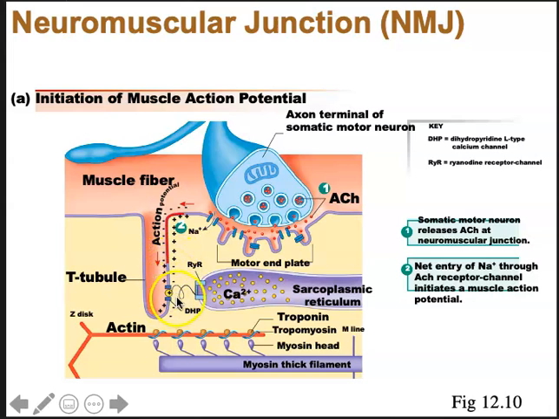And it closes all the channels, and it will close the calcium channels, and then that means there's no calcium available, which will be sequestered back to the SR to allow the sliding filament model to end, and the contraction is over, right?